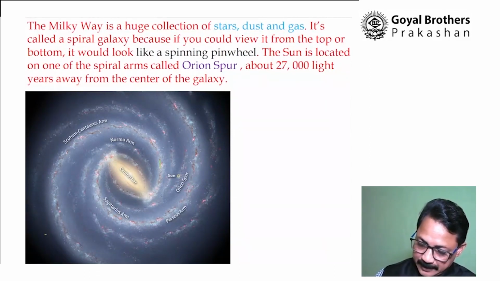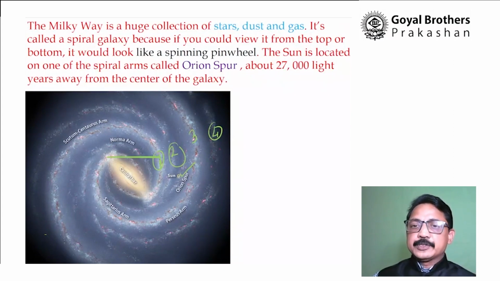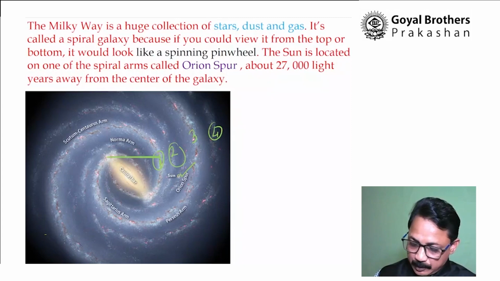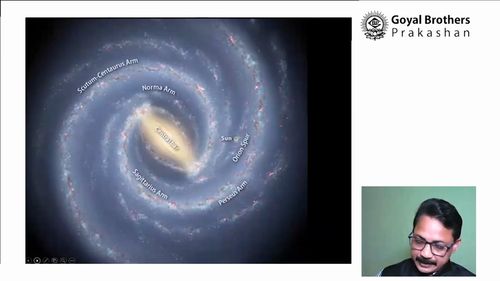Now, if you look at this spiral galaxy, you will find that this galaxy has four arms. This is arm 1, this is arm 2, this is arm 3, and this is arm number 4. And our sun is present in the arm which is called Orion spur, about 27,000 light years away from the center. Let us look at this next picture.